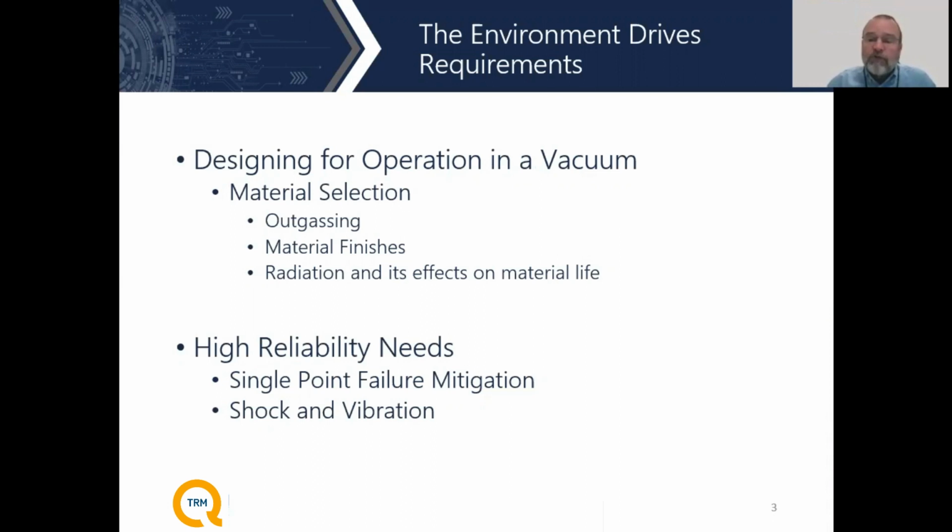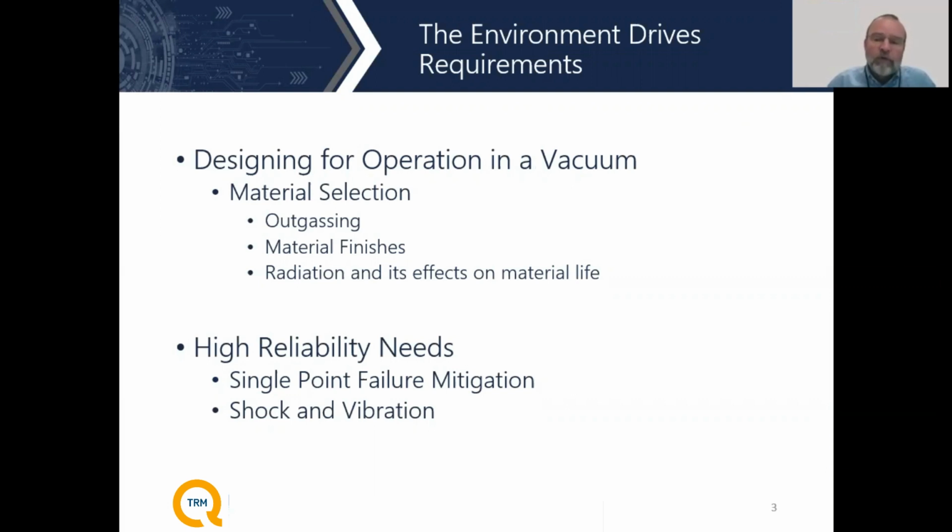Now, what's unique about operating in a vacuum is that there are certain things about the behavior of materials that you don't think too much about when you're doing stuff that is not in a vacuum, and most of that has to do with material outgassing. Material outgassing is a phenomenon I'm going to talk about in a little more detail in a minute, but it is a parameter that's critical for spacecraft.